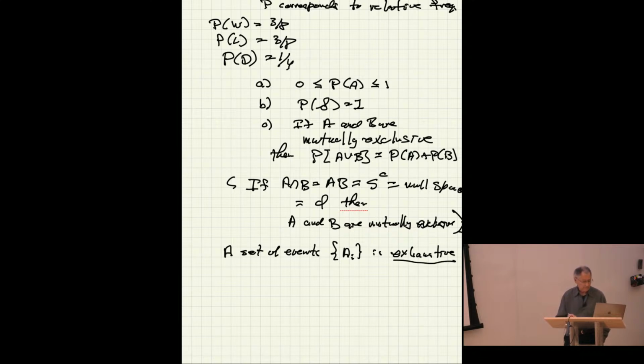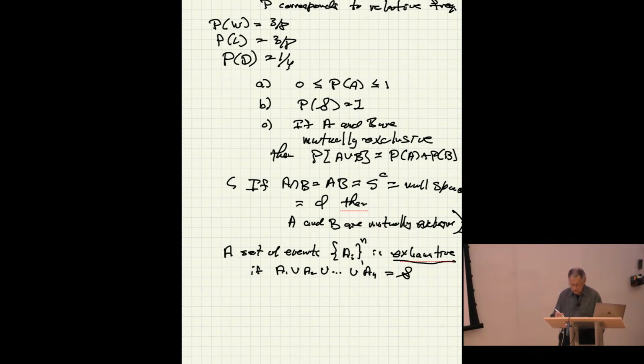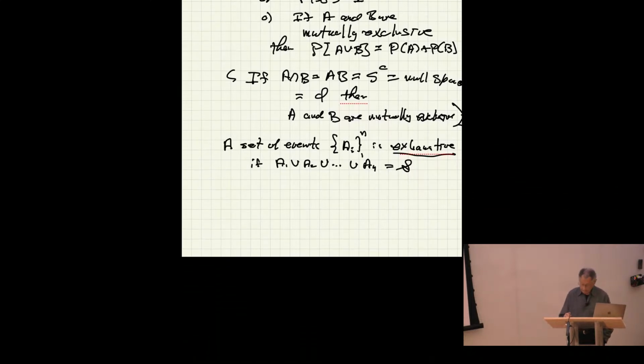It is exhaustive if A1 union A2, oh, by the way, let's assume there are n of these, i goes from 1 to n, union dot dot dot union A sub n is equal to the entire sample space. I use script S or capital S, meaning the same thing. That's exhaustive.